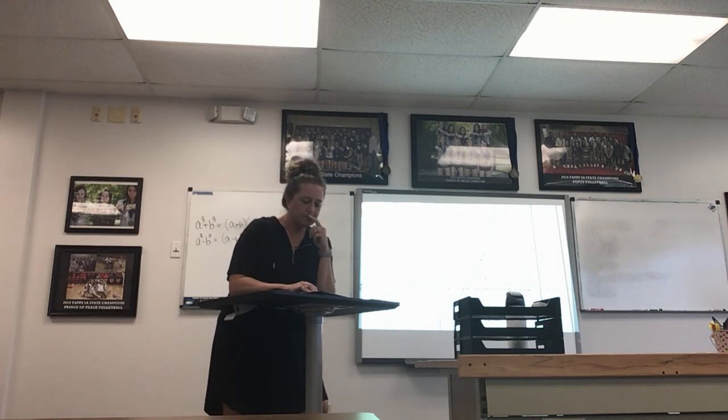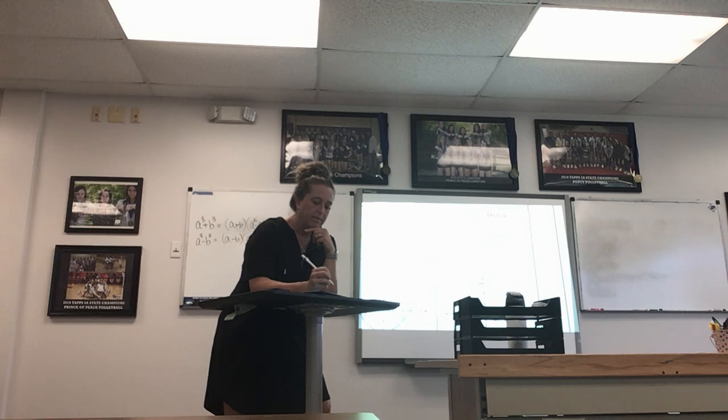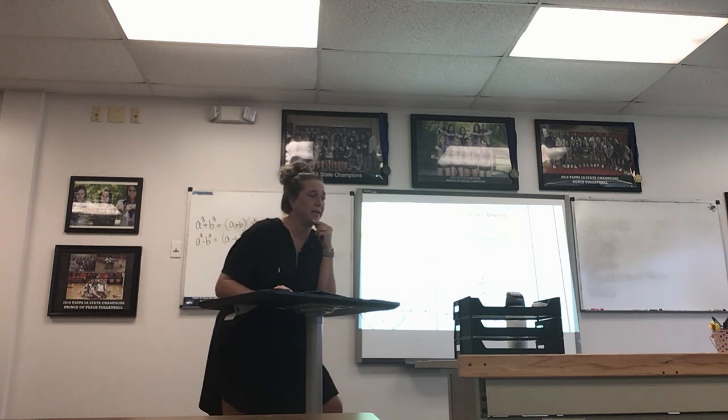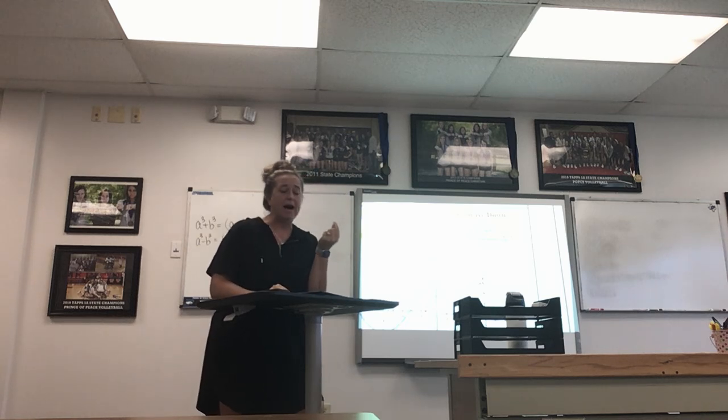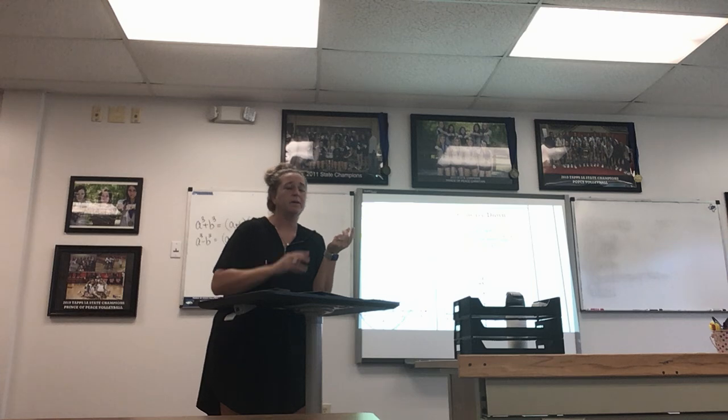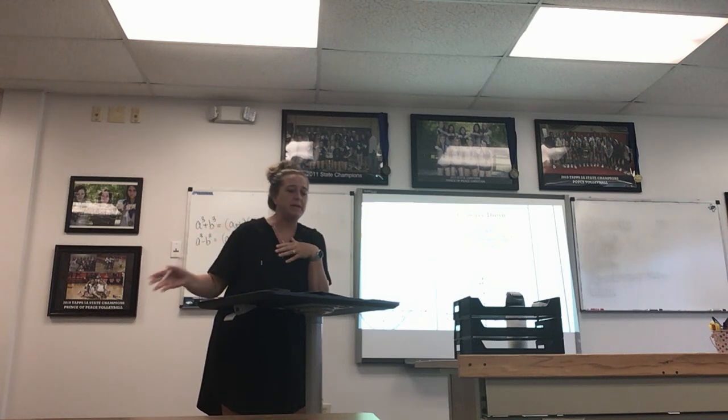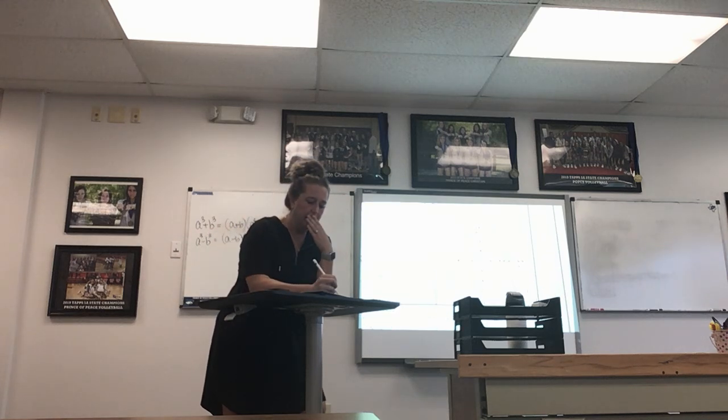So then, if you come over to concave down, anything that is concave down, your rate of change, i.e. your slopes, are decreasing, meaning they're starting out positive, but then they're going to get smaller and become negative. So look at your graph.